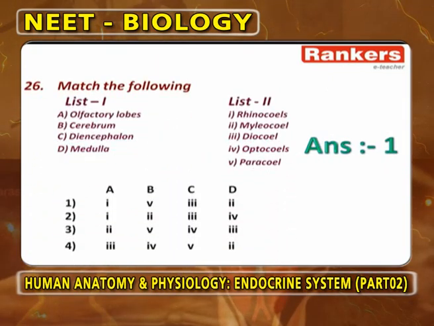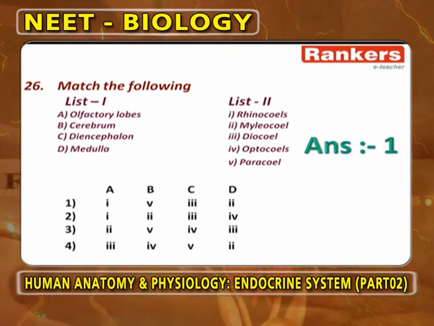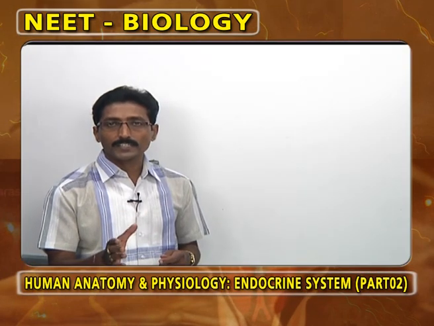Now the next question is: list 1, olfactory lobes, cerebrum, diencephalon, medulla oblongata. Now list 2, rhinoceles, myliocele, diocele, optocele and paraceles. What are these? These are the cavities. Olfactory lobes, what are the cavities?